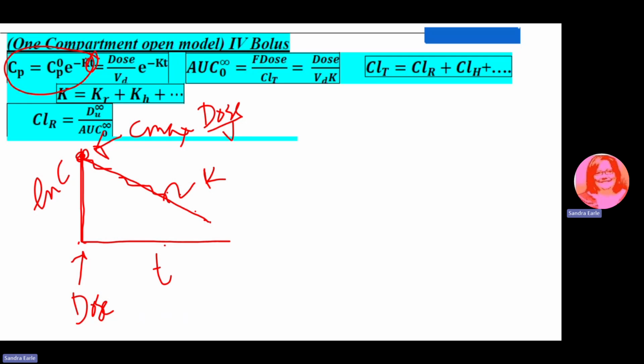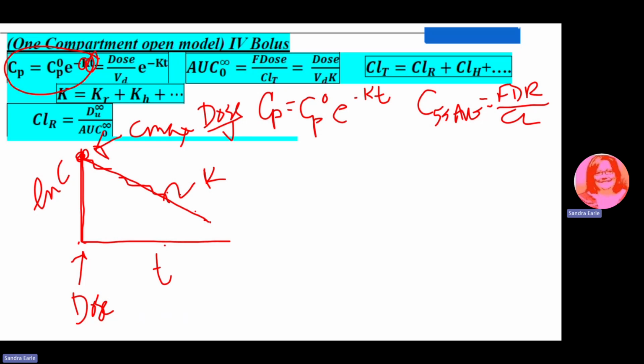And we know that the slope here will be K. So this equation, Cp is equal to Cp0 e to the negative Kt, is a very, very important equation. I equate it with Css average is equal to bioavailable dose rate over clearance. I call this equation here peanut butter and this one jelly. You have to know these both, like peanut butter and jelly, inside and out, backward and forward.